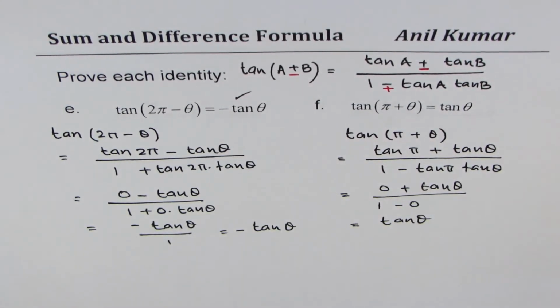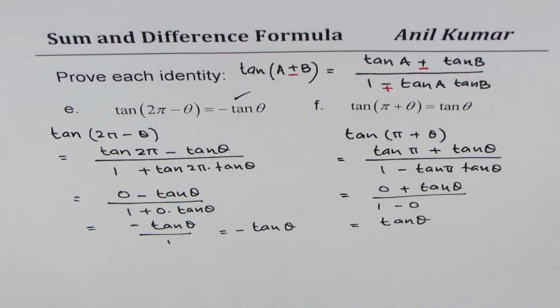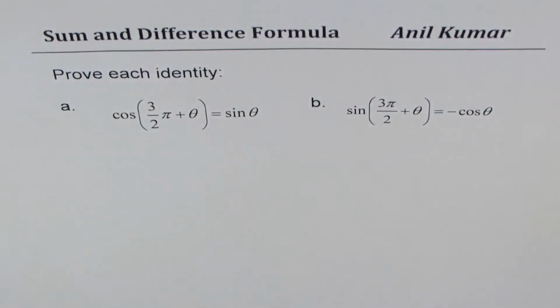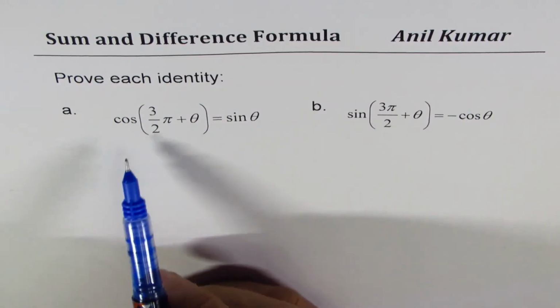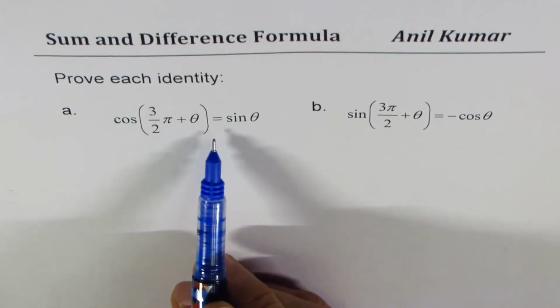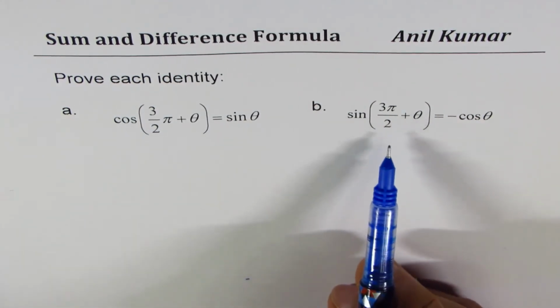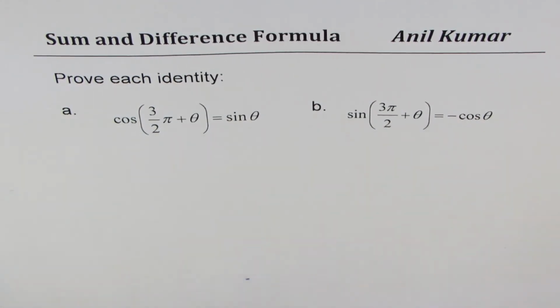Perfect. So we're done for tan, and now let's take one more example, and this time we are taking 3 pi by 2, right? So let us see how to do it. Here's the last identity. Cos 3 pi by 2 plus theta equals sine theta, and sine 3 pi by 2 plus theta equals minus cos theta.